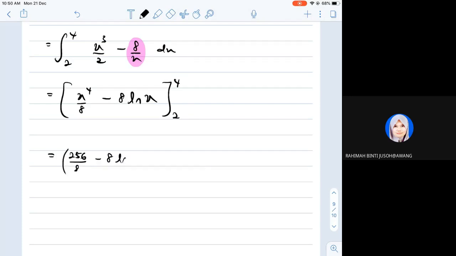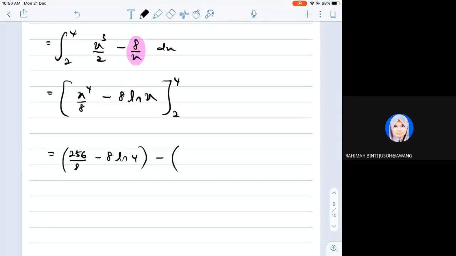Minus 8 ln 4, minus 2 to the power of 4, 16, 16 over 8, minus 8 ln 2. So we have 32 minus 8 ln 4 minus 2 plus 8 ln 2.